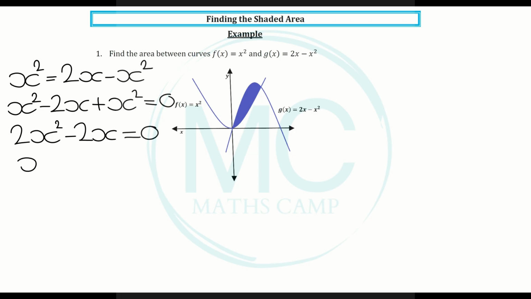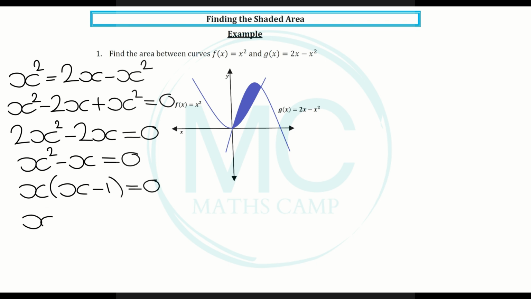I'm going to get x squared minus x is equal to 0. Now I can take x out as a common factor. So I have x, open my bracket, x minus 1 is equal to 0, which means the x coordinates of the points of intersection have to be x is equal to 0 or x is equal to 1.